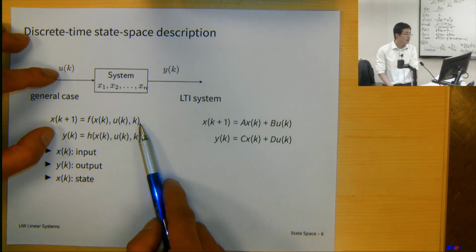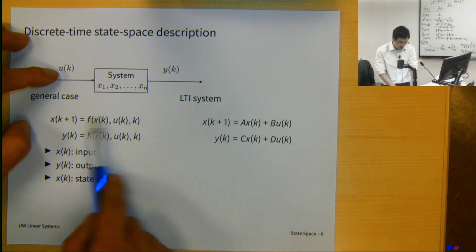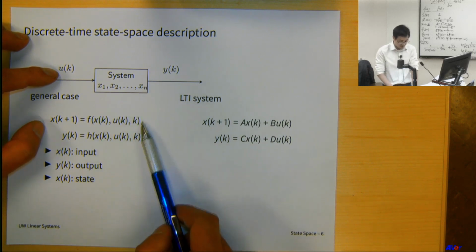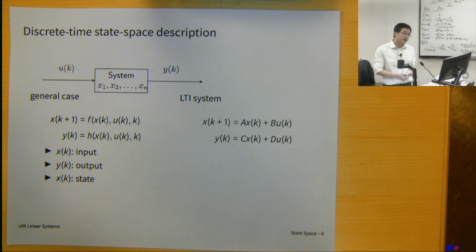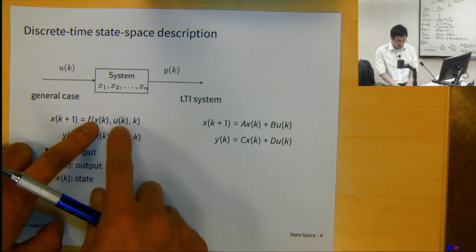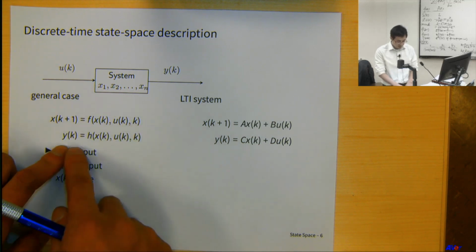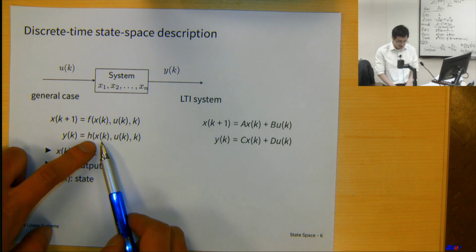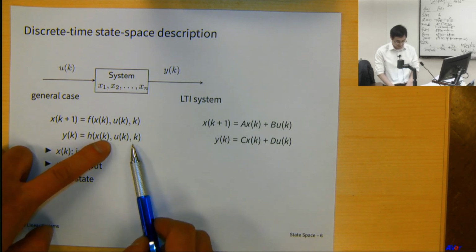So for time variance, this is the most general case to describe a state space system. It can be time varying, nonlinear, as crazy as we want. But it's a function of the past state, input, and time. And then y, the output, is a function of the state, the input, and k.